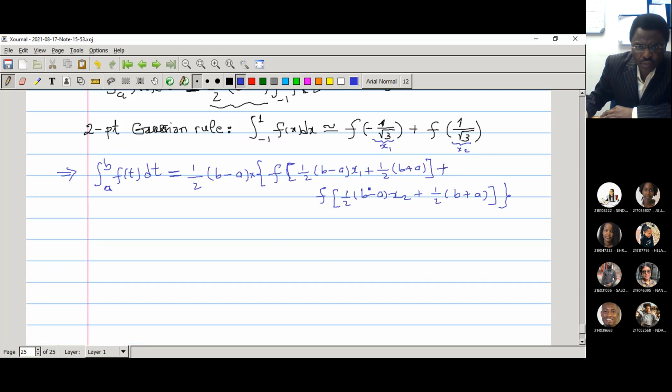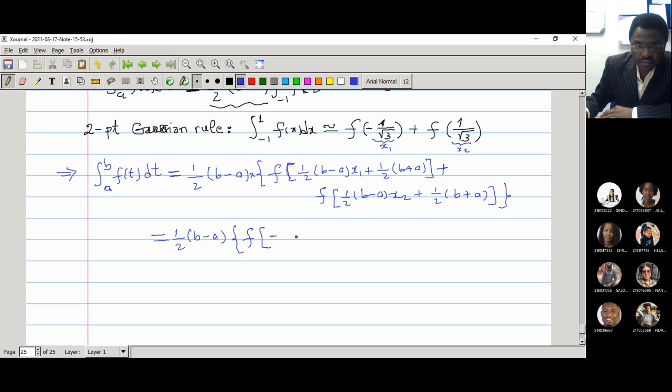Now, what is x1? x1 is negative 1 by square root of 3. So I substitute there. So this becomes f of, so I substitute that. This becomes f of negative. So I can put a negative here in front, right?